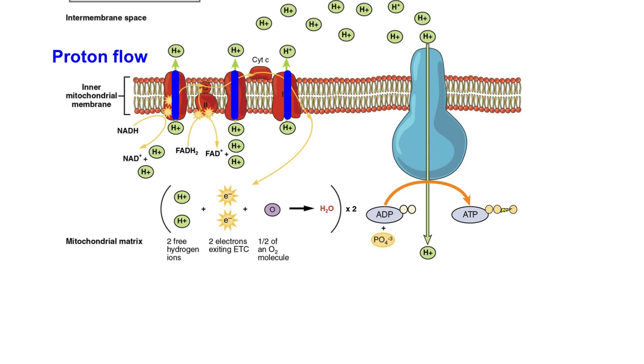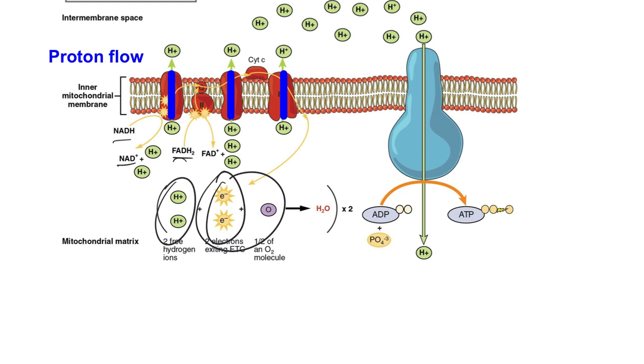Oxygen, like I said, is the final electron acceptor molecule at the bottom of the ETC, where the electrons from NADH and FADH2 are being passed down in order to provide the energy to power the proton pumps, the H plus pumps. After that, oxygen picks up the electrons and two hydrogen atoms from the NADH and FADH2.